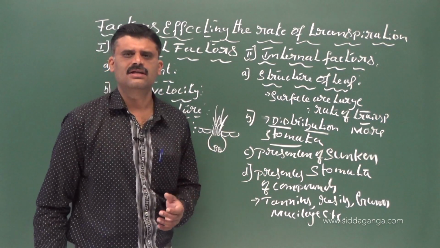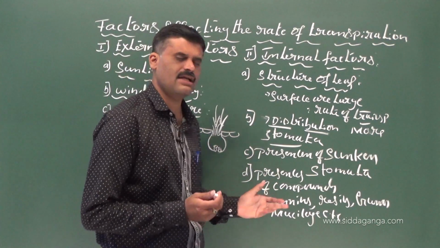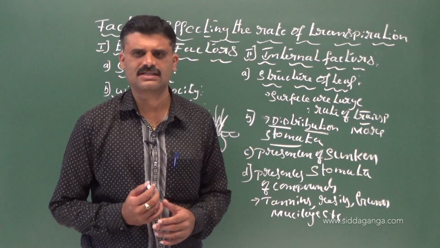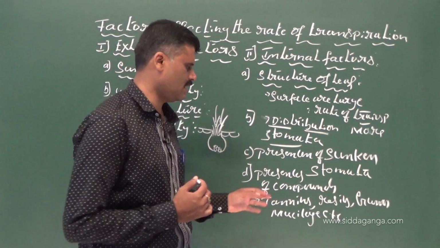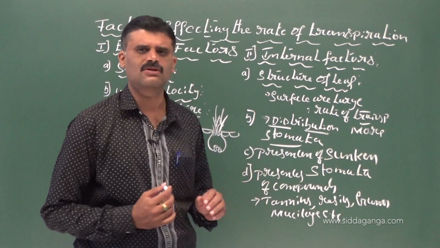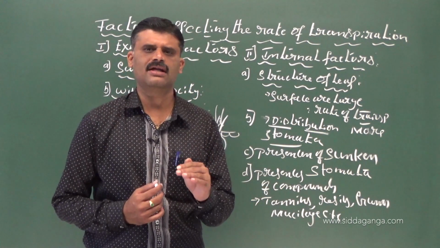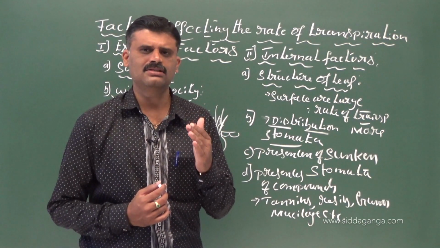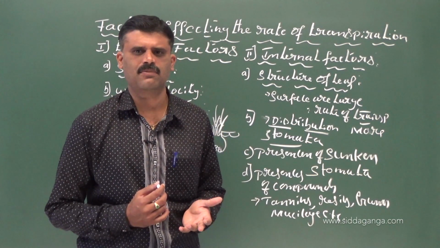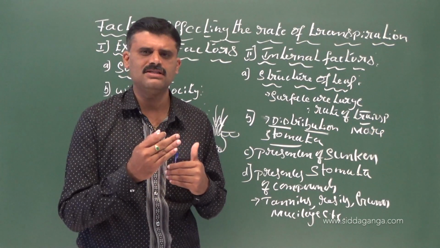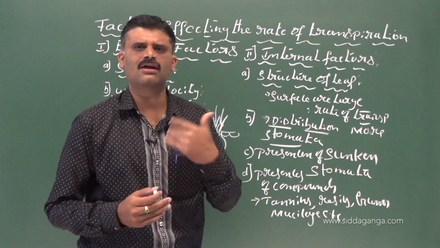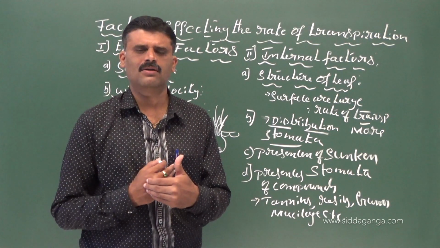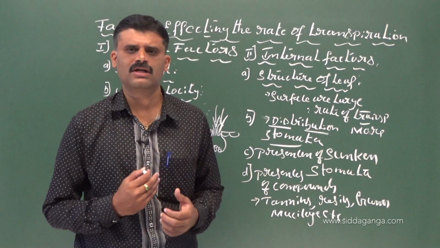These are the excretory products, or these are the ergastic substances present in the plants. So if tannins, resins, gums, mucilage are present, then they will act as anti-transpirants. They avoid the water loss from the plant body. Anti-transpirant means water molecules cannot move out, and the sunlight falling on the plant body also decreases.